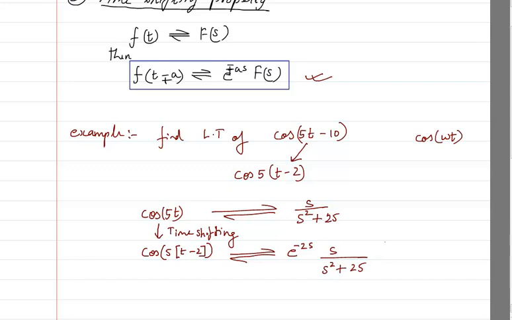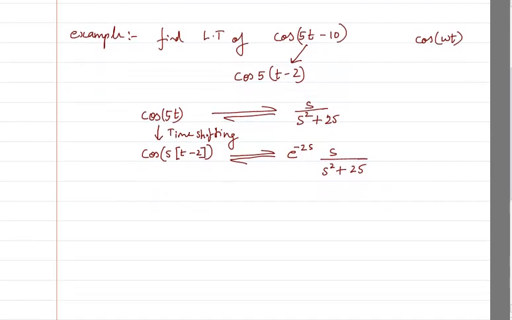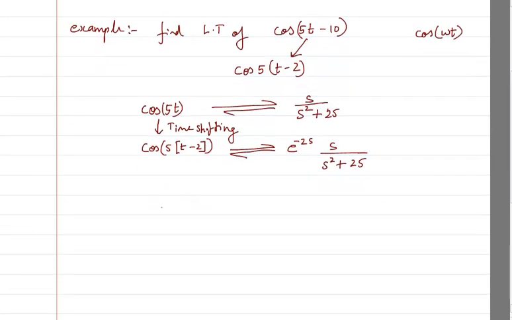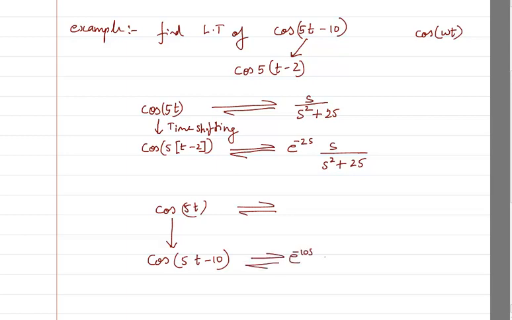See, where people make a mistake is, they will consider that I am having cos 5t, whose Laplace transform I can find out, then I will make a time shift of cos 5t minus 10, and then they will do e raised to power minus 10s into whatever answer we have got here. But that is wrong. Why is it wrong?